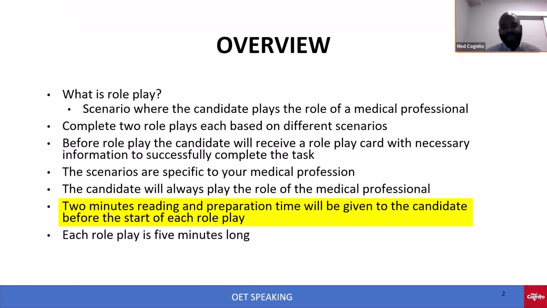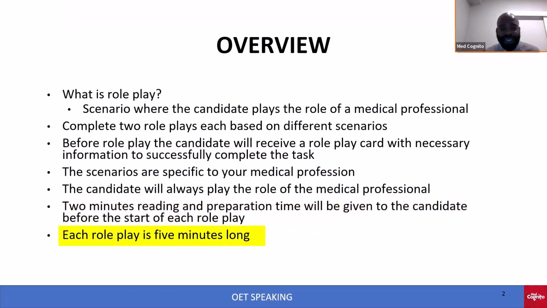So please take note. This is a very important point. This 2 minutes is the best opportunity you have to really get ready, because within this 2 minutes, you've been given the questions essentially, and you have to read through quickly and then prepare yourself to go through a scenario where you are going to execute those tasks. And so the 2 minutes is very, very crucial. I'll repeat it over and over as we go through this presentation.